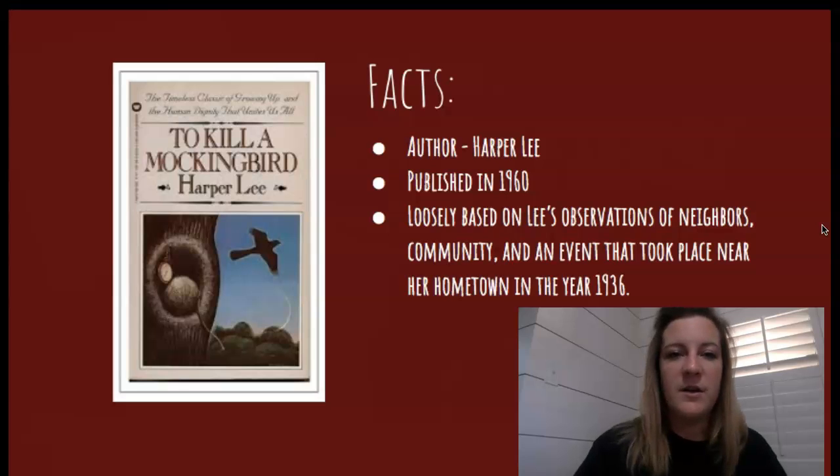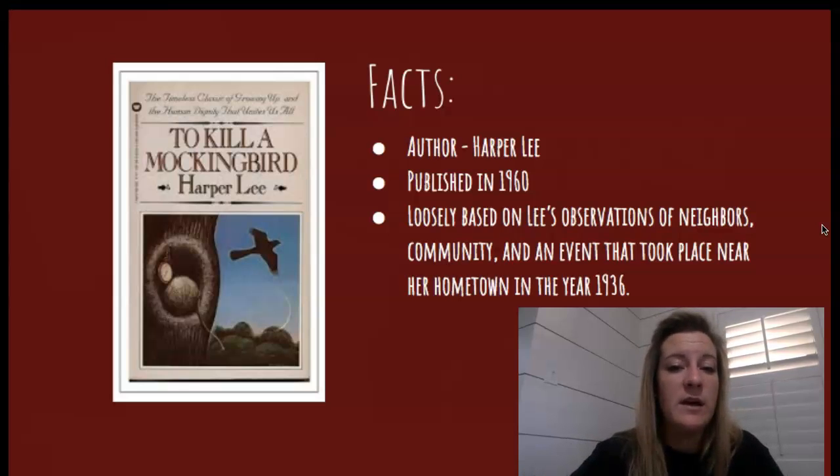So, being able to identify and relate figurative language to the culture or the historical setting. Again, her book was published in the 60s, but at the time that she wrote about, in the 30s, there was a different kind of culture, if that makes sense.